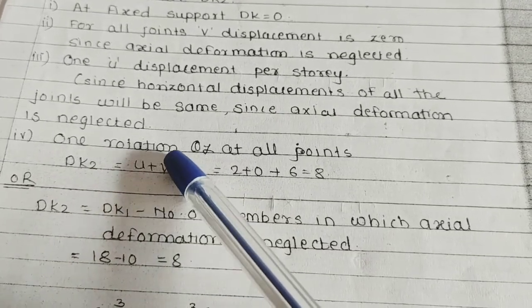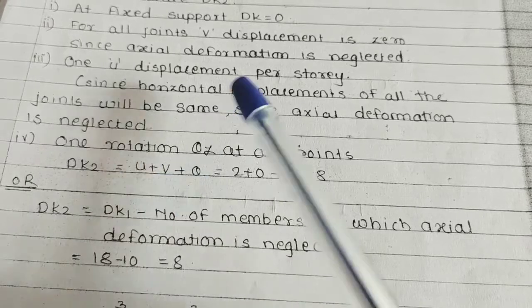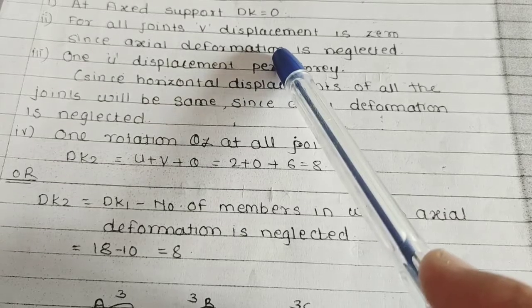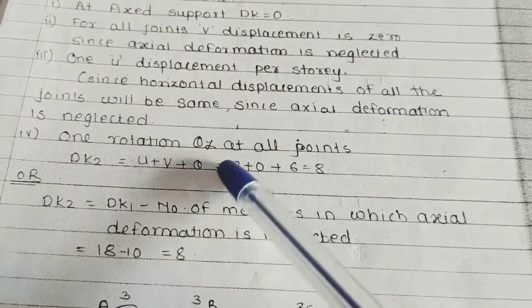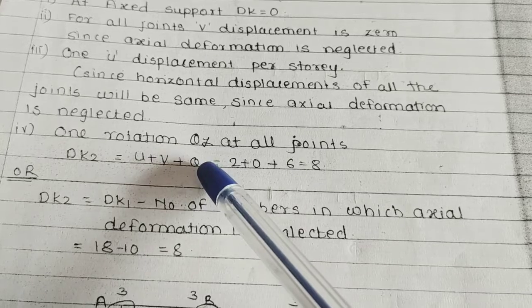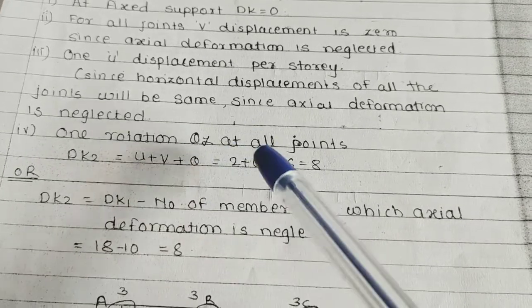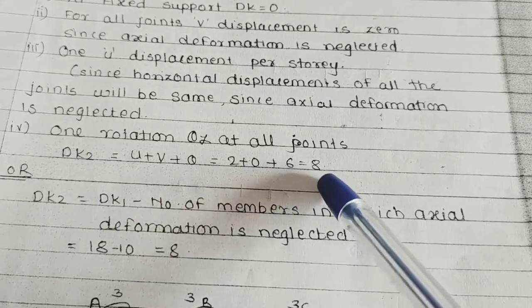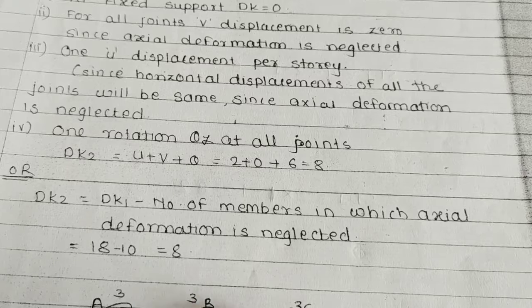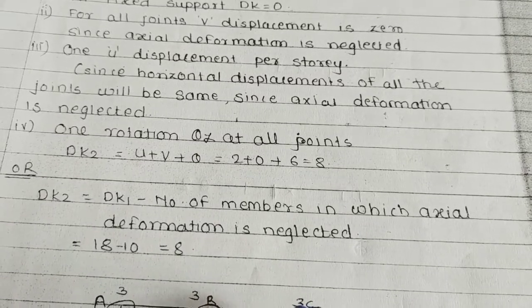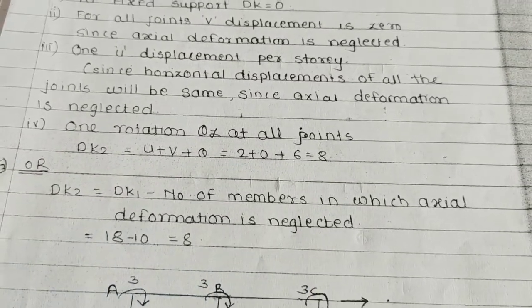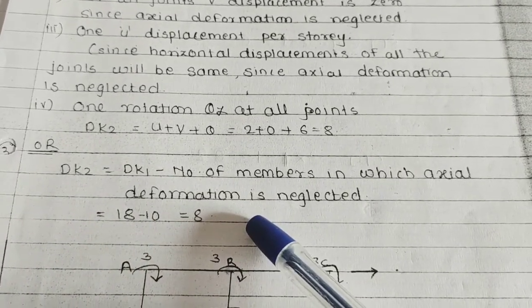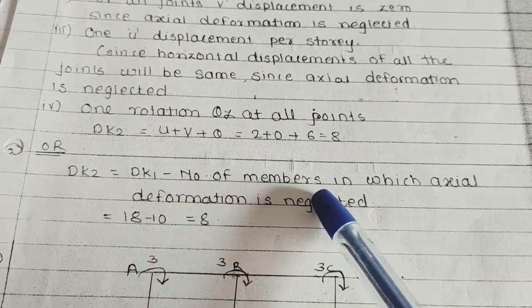Then v, the vertical displacement, we have to neglect because we are neglecting the axial deformation here, and you consider theta at each joint. Again at each joint theta, that is 6, means 2 plus 6 is equal to 8, and that is the degree of kinematic indeterminacy without axial deformation. Similarly, you can calculate it by using this formula.